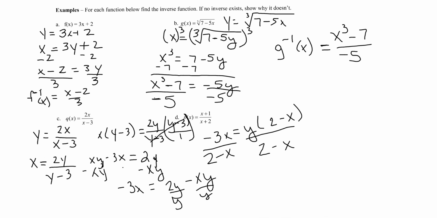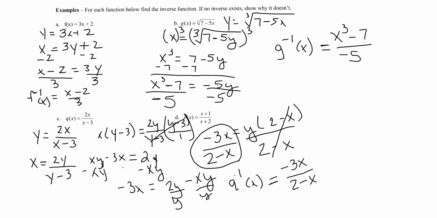And they will cancel out. So my inverse will be q of negative 1 of x is equal to this right here. So negative 3x over 2 minus x. And I know I made kind of a mess of that, so go ahead and record that.